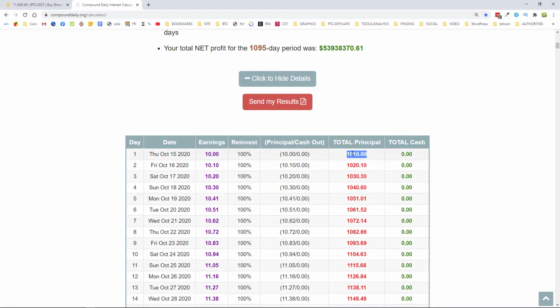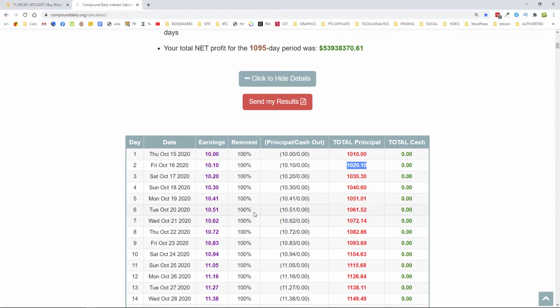And then we're reinvesting this $1,010 the next day into our trading, and we are now profiting another $10.10 on day 2. As you can see, it grows slightly every day because our principal amount is also growing. So 1% of 1,000 equals 1,010. 1% of 1,010 equals 1,020 and 10 cents. So it keeps growing like that. You keep reinvesting 7 days a week, just shooting for 1% per day.